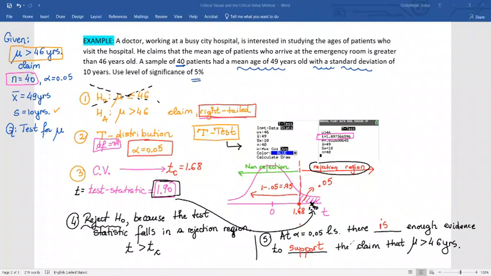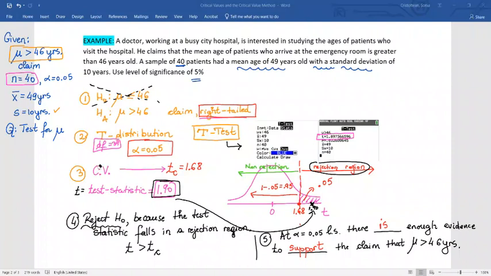Okay? So before I end the video, I want to just show you the difference between the critical value method and the p-value method. Basically, we have to follow a certain number of steps, but if we want to do this problem actually using the p-value method, we will not need the critical value.